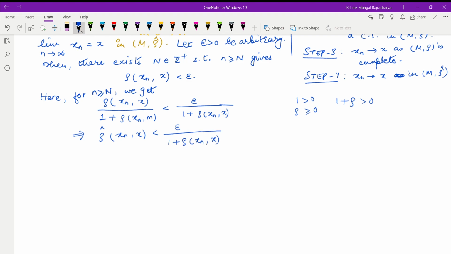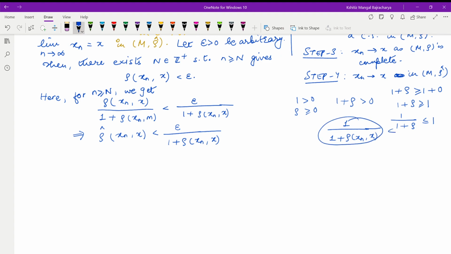Now let us consider this thing. 1 plus rho is greater or equal to 1 plus 0, so 1 plus rho is greater or equal to 1, which means 1 over 1 plus rho is less or equal to 1.